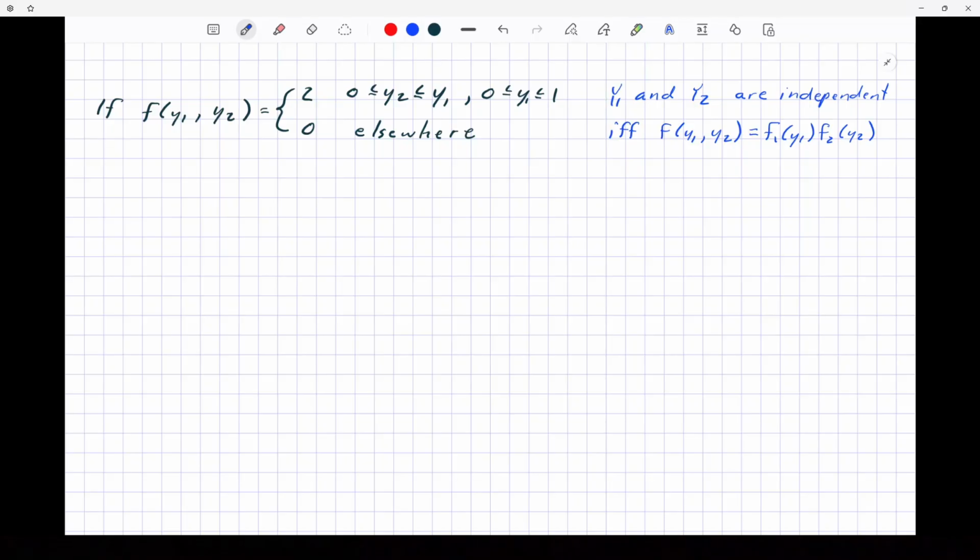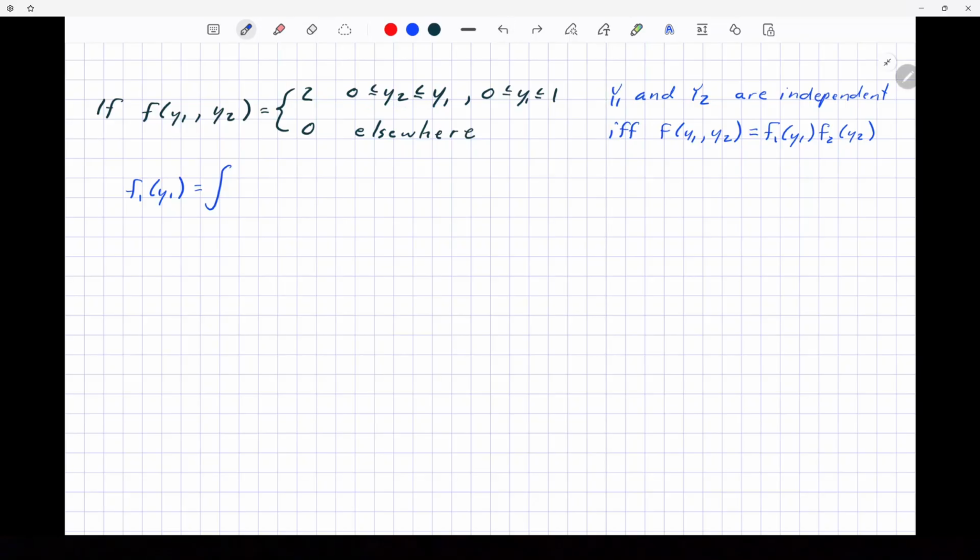So let's go ahead and do that. Marginal probability of y1. So consider again, y2 is defined as being greater than or equal to 0, less than or equal to y1.